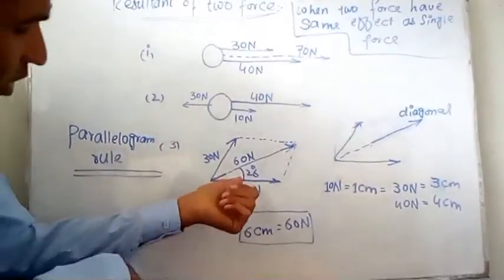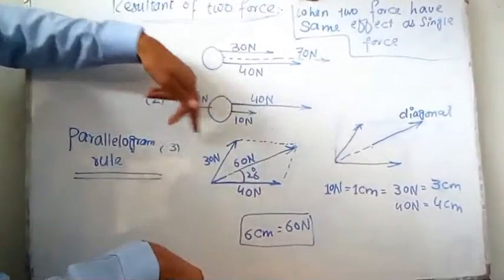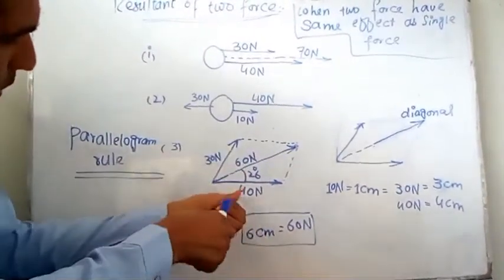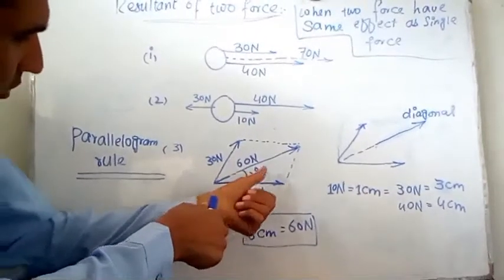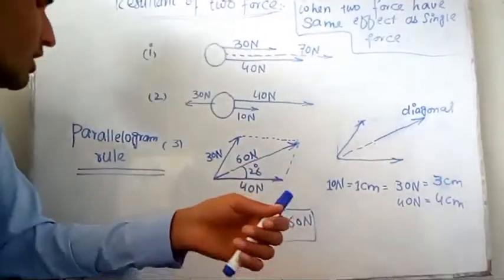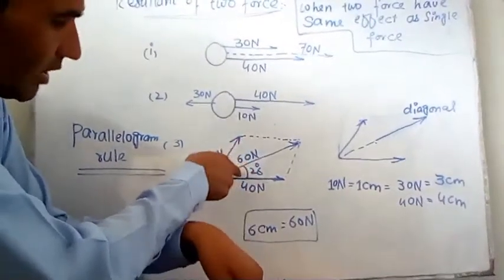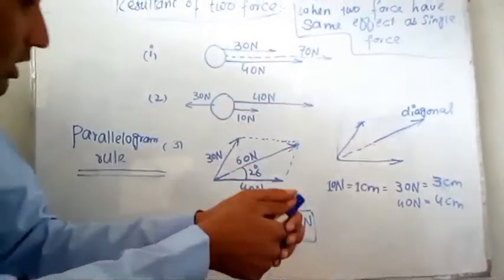So we can find the resultant of these both forces using the parallelogram rule. How can we find the resultant of 40 Newton and 30 Newton that are at an angle of 26 degrees? First, we will draw these forces to make an angle. Then we will draw a diagonal between these both forces.